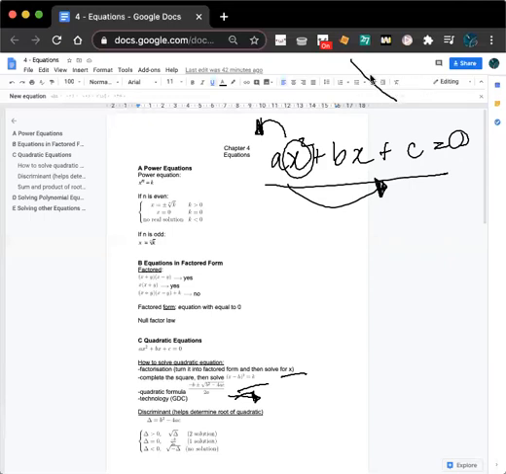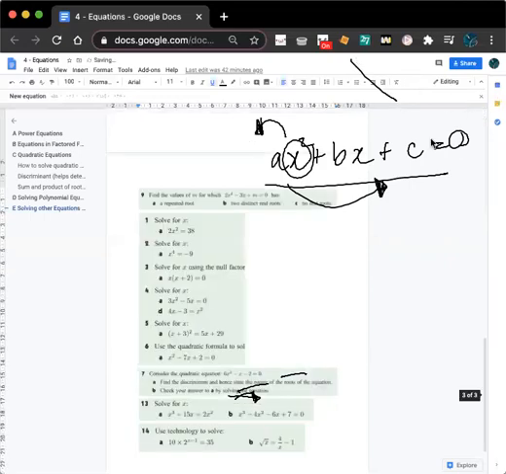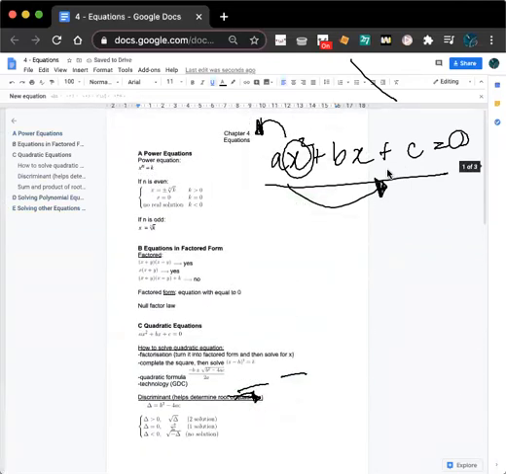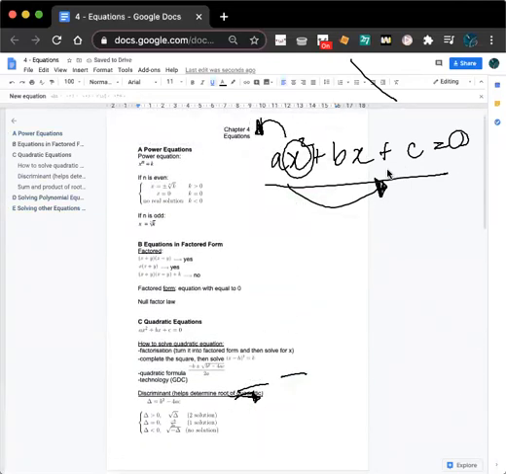Basically, the quadratic formula is derived using completing the square for the general form. You don't need to know how to derive it. It's just helpful to understand why the formula exists.